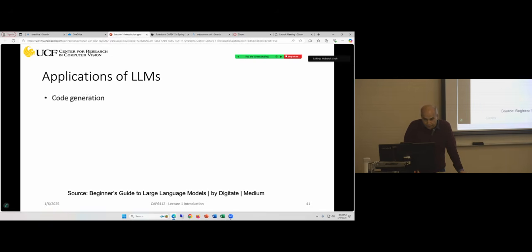Okay, so applications of LLM: you can generate code. You don't have to write your code yourself. It will give you the code. That's why one of the computer scientists says that we don't have to teach programming in computer science courses, because it's not necessary. You can generate content, do copywriting, conversation tools, education tools.